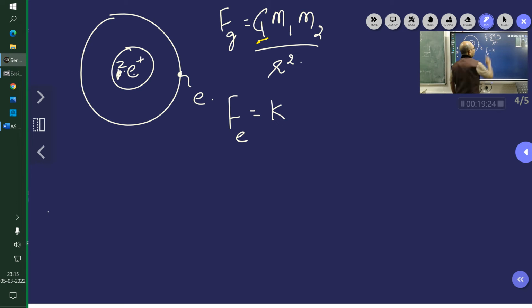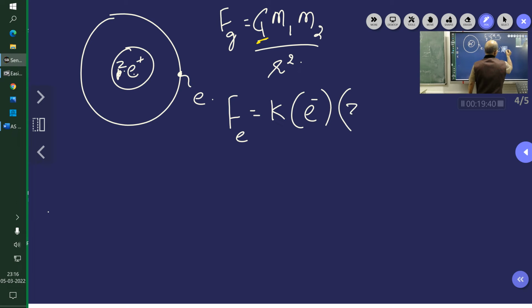G is independent of the medium, whereas K is dependent on the medium of separation between the two charged particles. In this case, the charged particles are the electron, with negative charge, and the proton, with charge ZE plus, divided by r square.